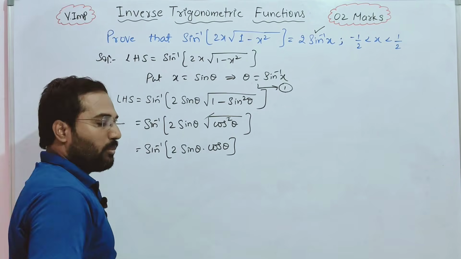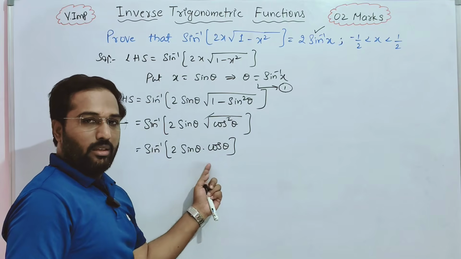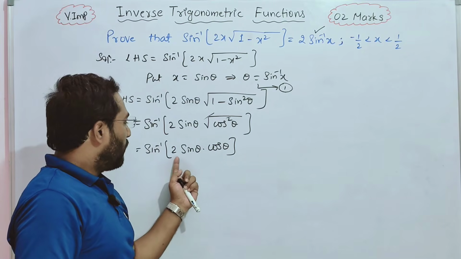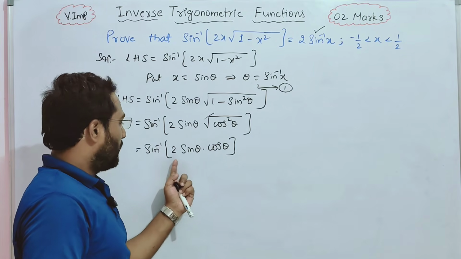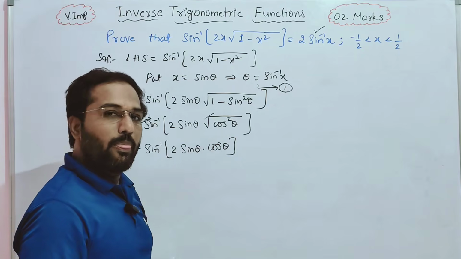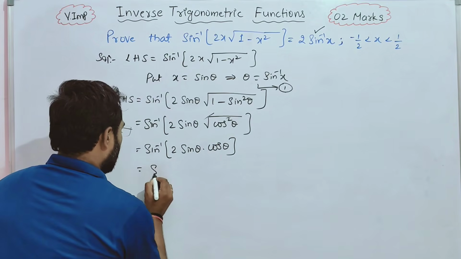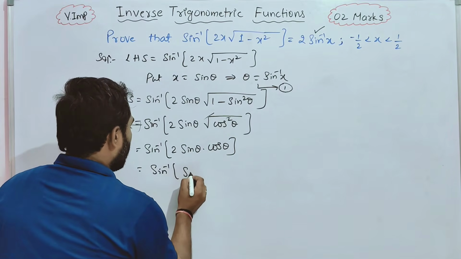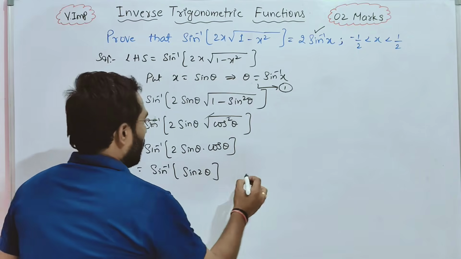So what kind of formula is it? Everybody knows this. Can you tell me what formula it is? Yes, 2 sine theta into cos theta is sine 2 theta. So we get sine inverse of sine 2 theta.